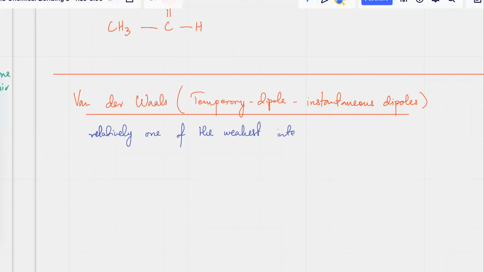So between molecules, it's going to be one of the weakest intermolecular forces. But the thing with this is that it increases with size. So you have to be careful about size.